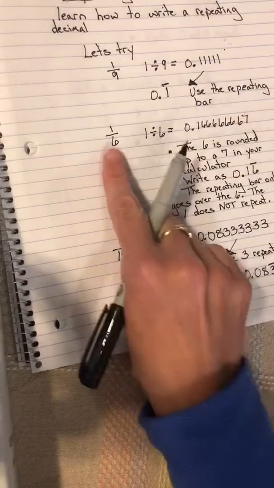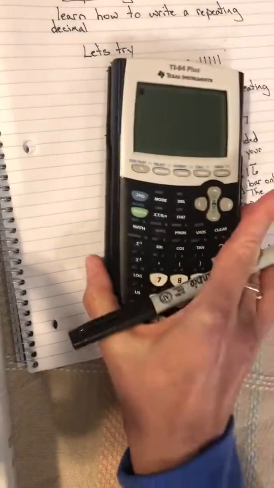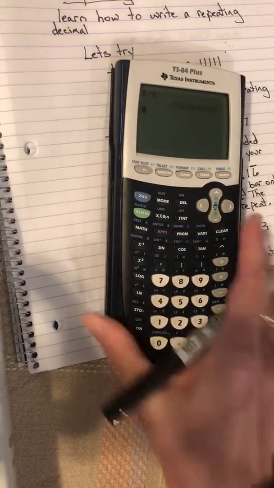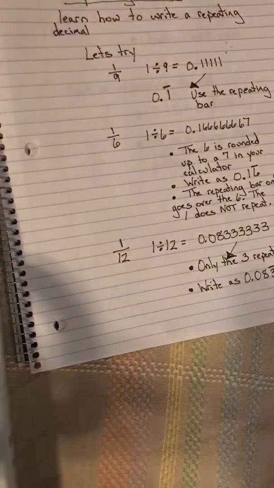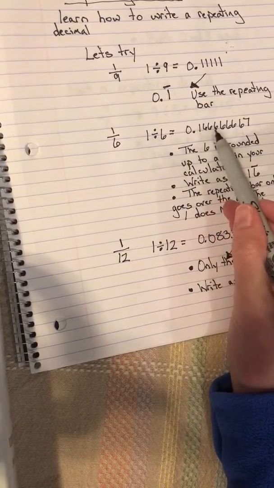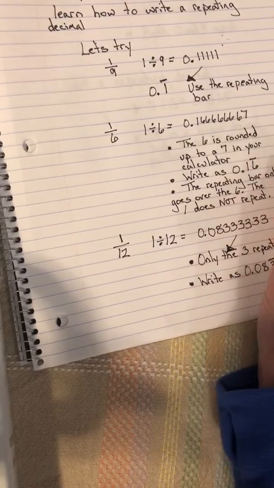Okay, let's try another one. Let's do 1/6. Once again, put in 1 divided by 6, hit enter. Take a look at what you get. 0.166666666, and then there's a 7 at the end.